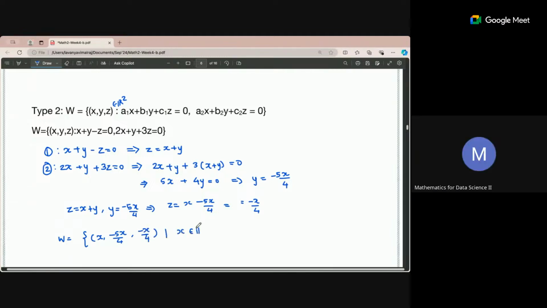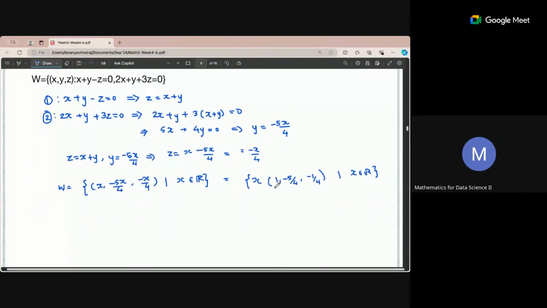For x in R, this is nothing but the set of all x times the vector 1, minus 5 by 4, minus 1 by 4, for x in R. So you can say that this is the span of this particular vector. Is what I'm writing correct? Yes, ma'am.